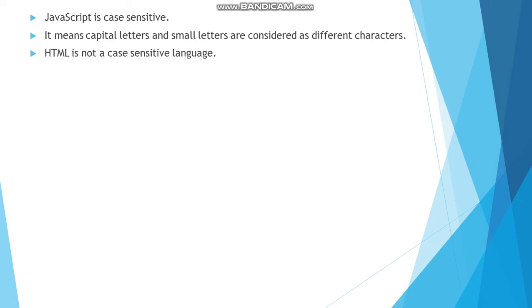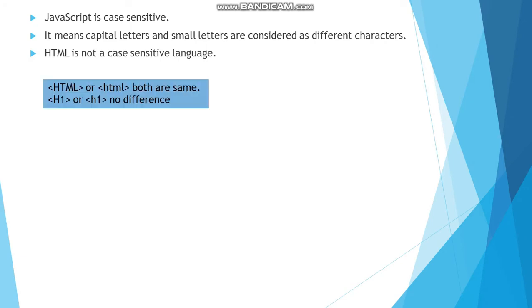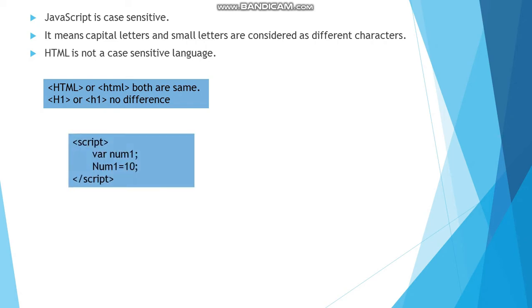HTML is not case sensitive, as whatever tags we are writing in HTML doesn't matter if we write in capital or small. So HTML or small html both are same way. If you want to use h1 tag then you may write h in capital or small, doesn't matter. But JavaScript is case sensitive.